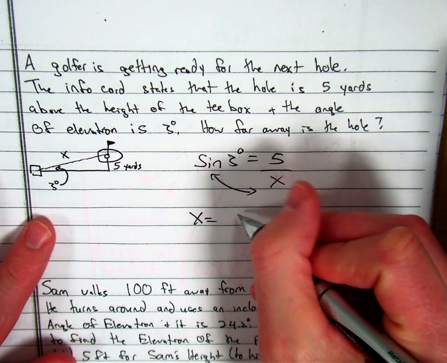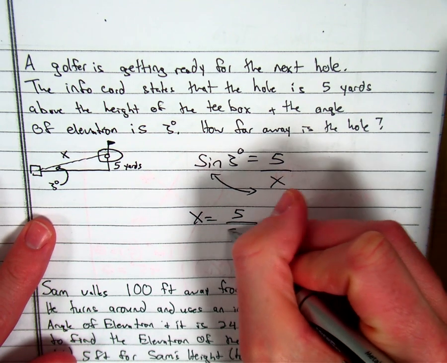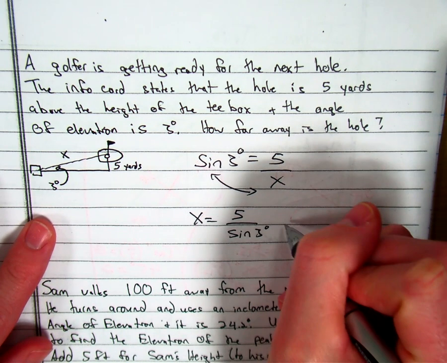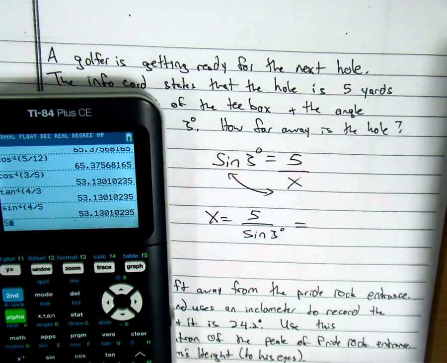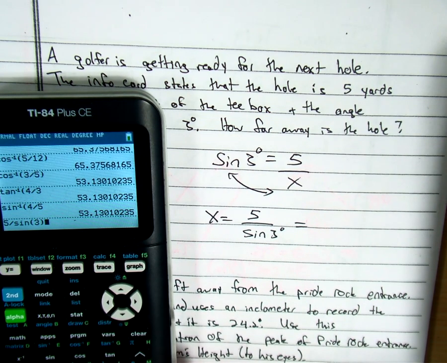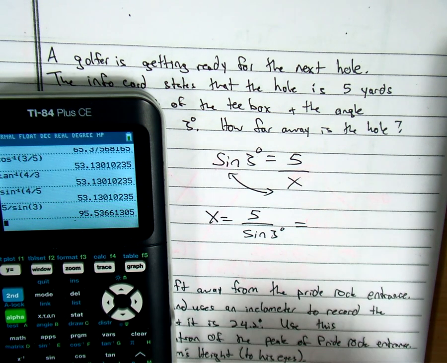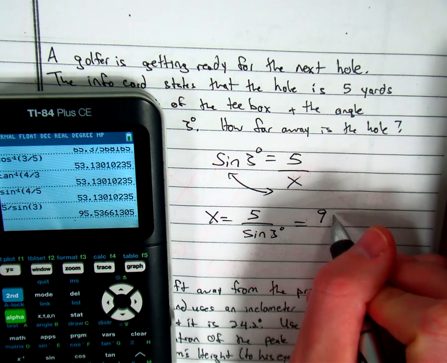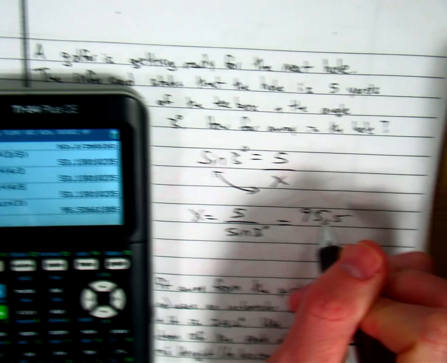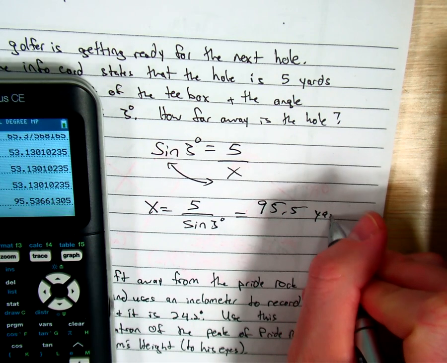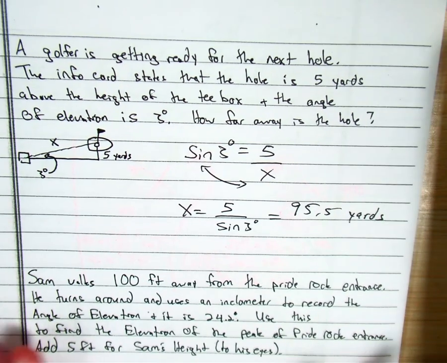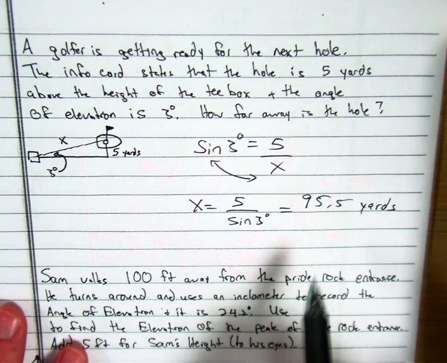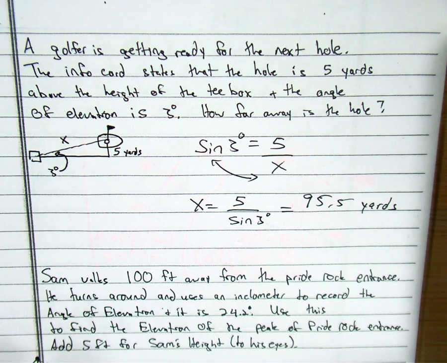X equals 5 divided by sine of 3 degrees. We got 95.5 yards. So just under 100 yards away, but it's 5 yards above, so it's an incline. Okay, and then they use that to figure out what kind of club they want to use.